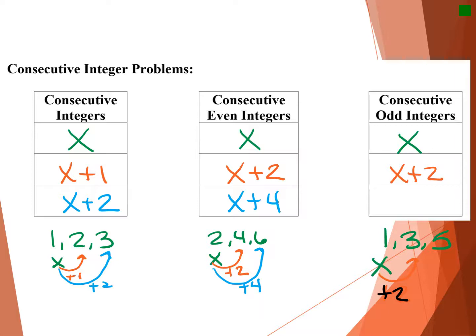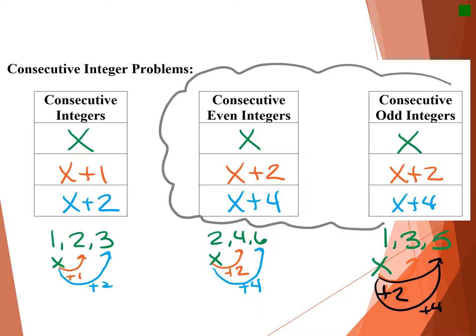Then to go from X to get all the way to 5, I'd have to add 4. So to get to my next one, it's X plus 4. So here's the deal, guys. These two are exactly the same. So it doesn't matter if they're consecutive even or consecutive odd. If they are even or odd, it's going to be x, x plus 2, x plus 4.